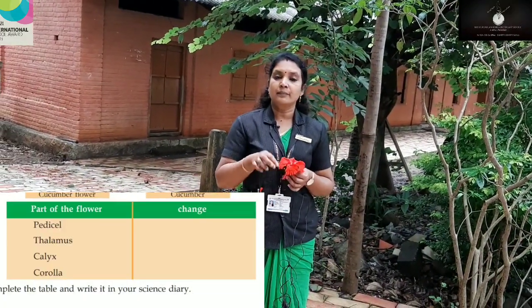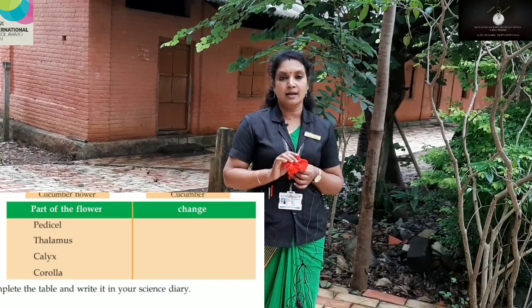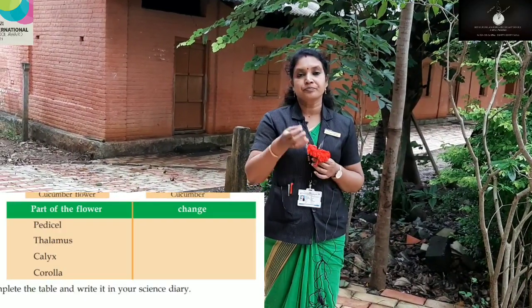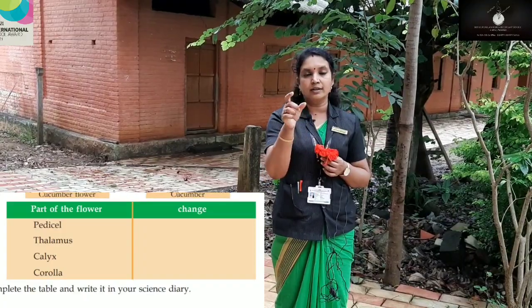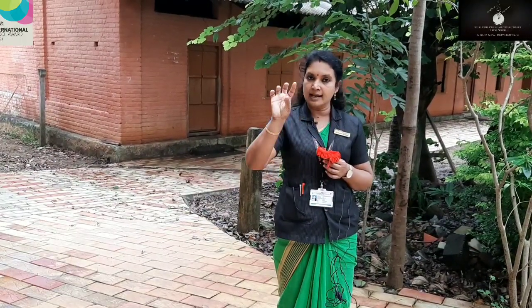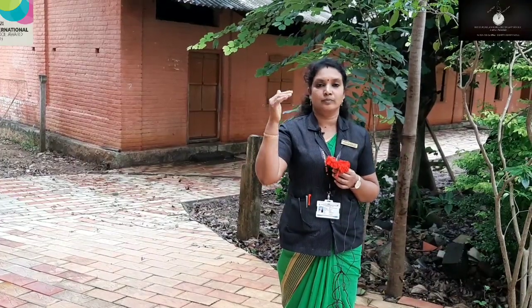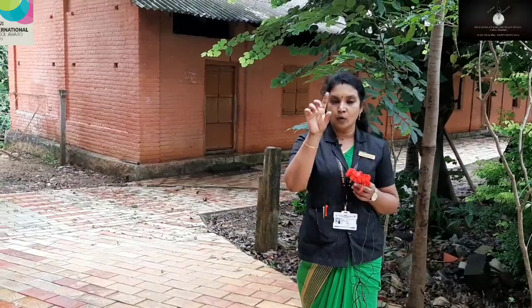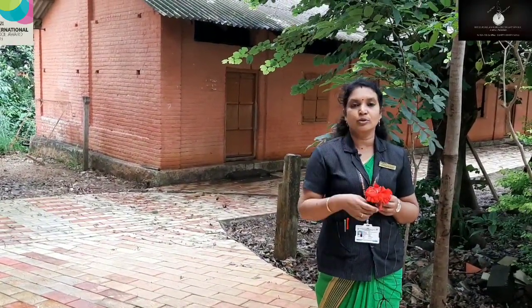Okay, now two more parts will remain in the flower, and those two parts are the ovary and the ovules. In the textbook an ash gourd flower has been shown, and a cross section of the ash gourd also has been shown, and in that you can see the ovary and the ovules. I have already shown you in the previous class.